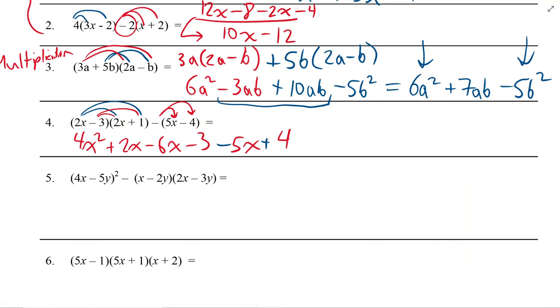Okay, so I did all my multiplications, including the second one, taking that minus sign and fixing the 5x minus 4. And now I'll collect like terms.